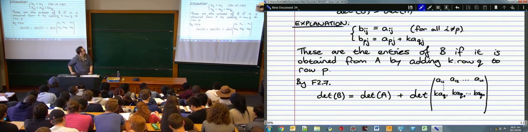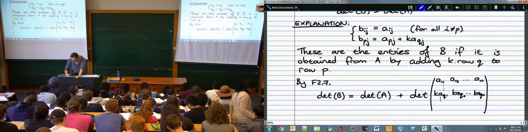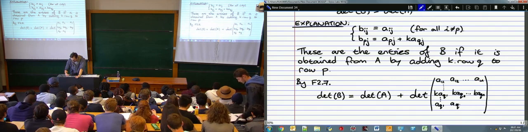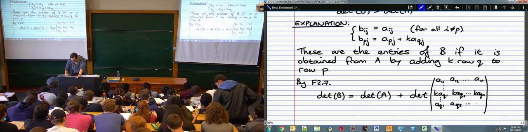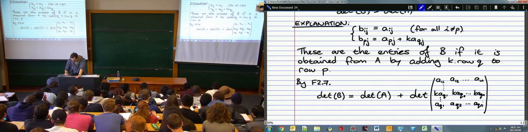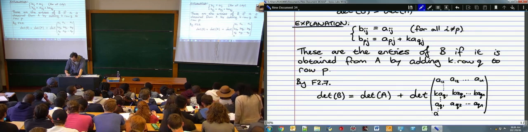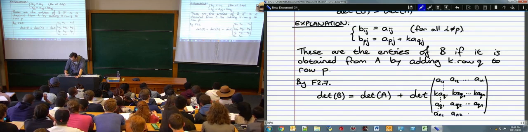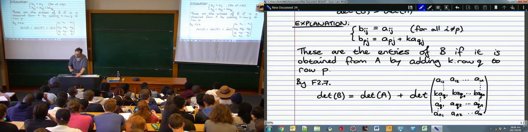So that's happening in the pth row, and then somewhere we have the actual qth row. And then this goes all the way down to A_n1, A_n2, A_nn.